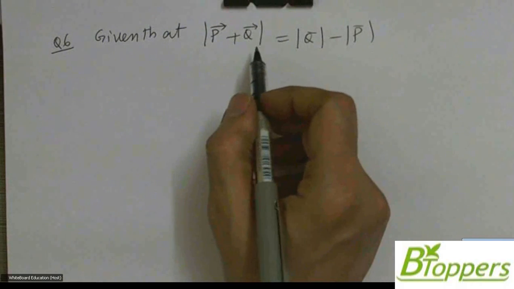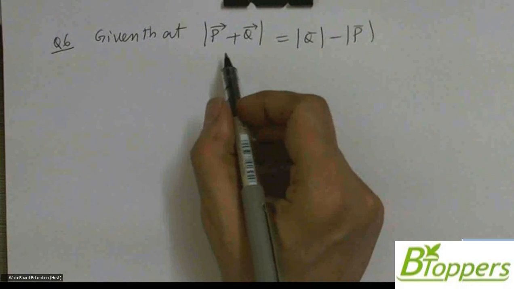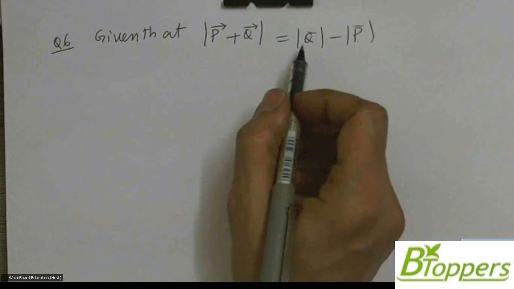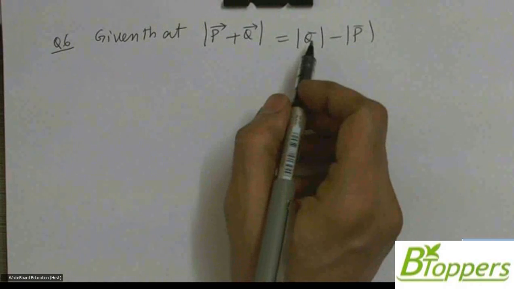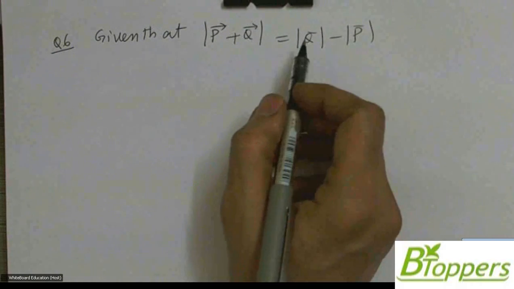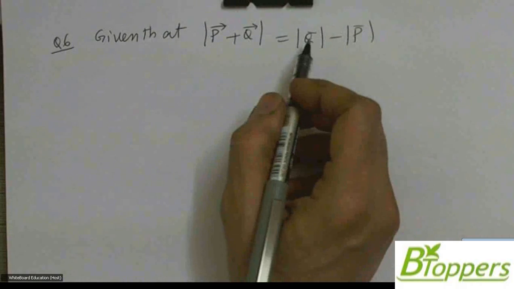So if you remember this conclusion, the magnitude of the resultant of two vectors equals the ordinary difference of the magnitudes only when the two vectors act in opposite directions.